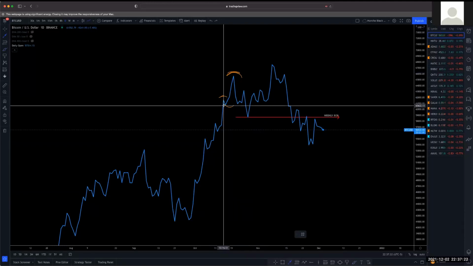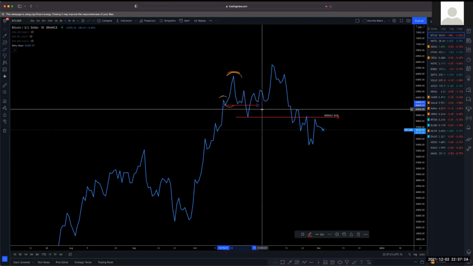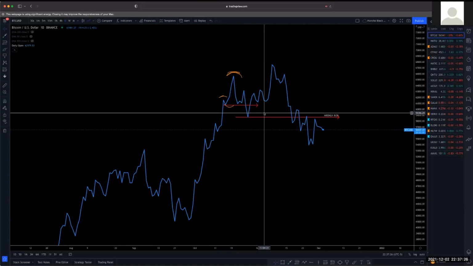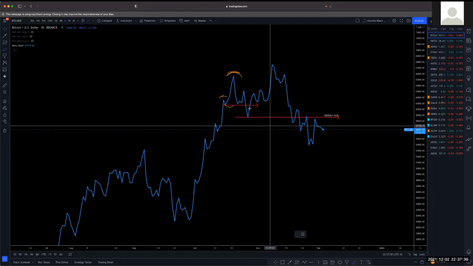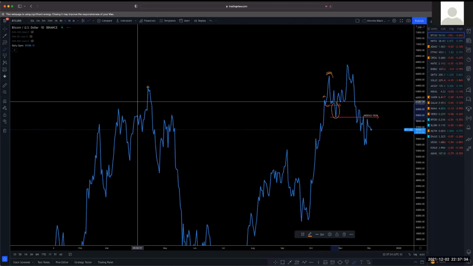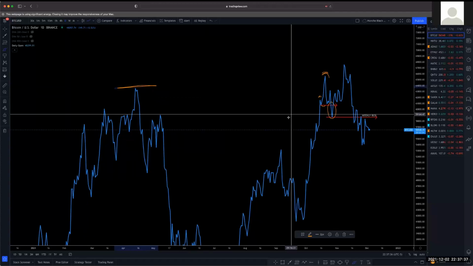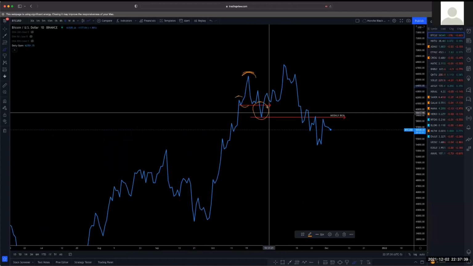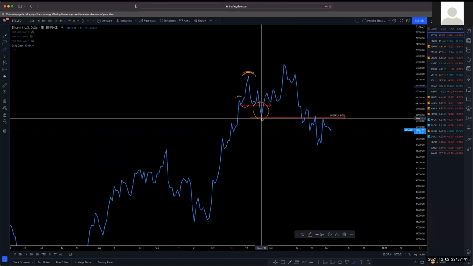Before we even broke the weekly, the daily was already telling us there was going to be weakness introduced into the market. Here's your first sign of weakness, showing you that after we created a new all-time high, weakness was going to be introduced. This is how you're able to anticipate retracements.